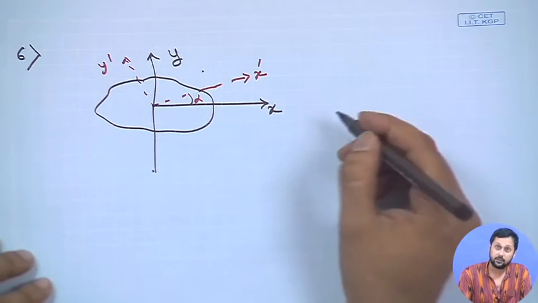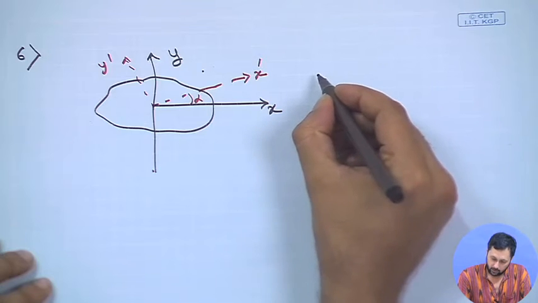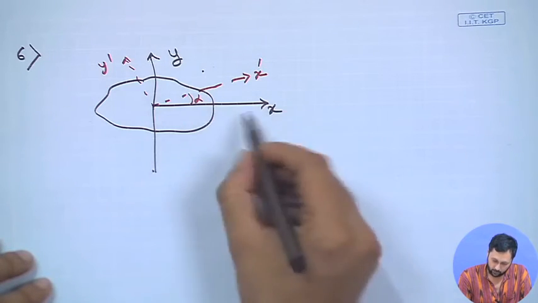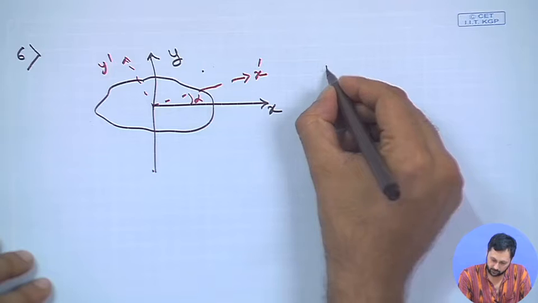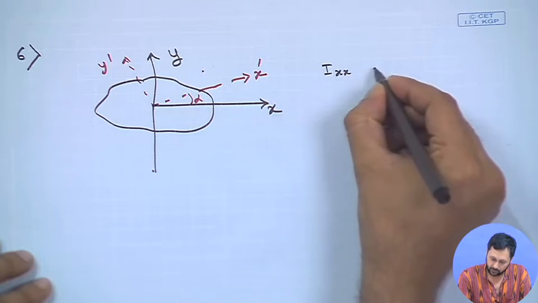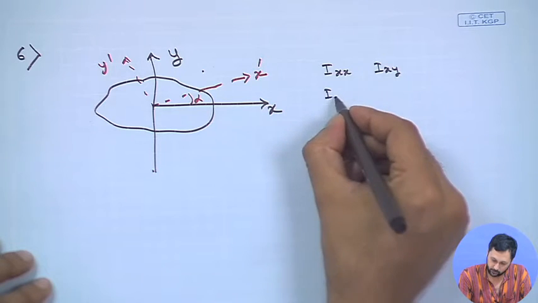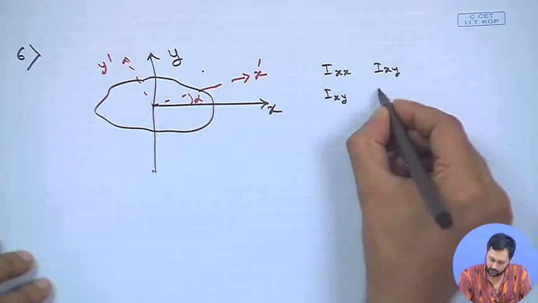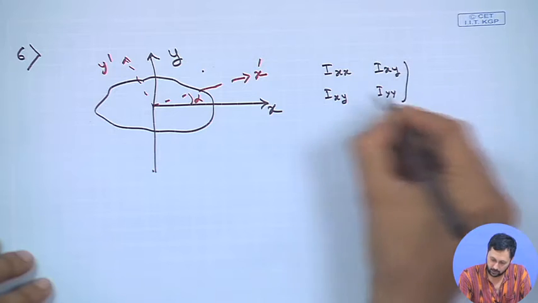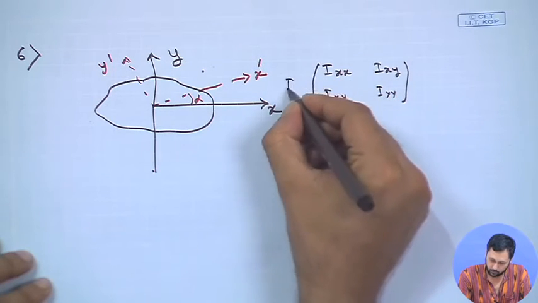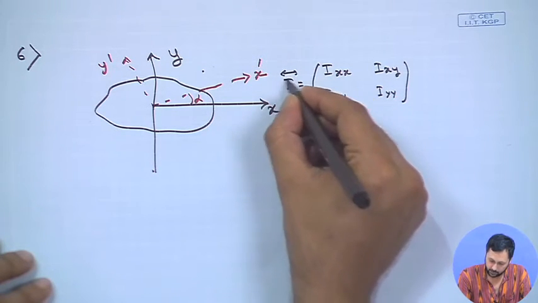So the moment of inertia tensor in the xy system, let us assume, was I xx, I xy, I yx, which will be equal to I xy again, and I yy. So this was the tensorial form of the moment of inertia tensor I.